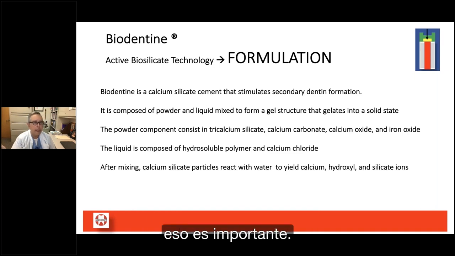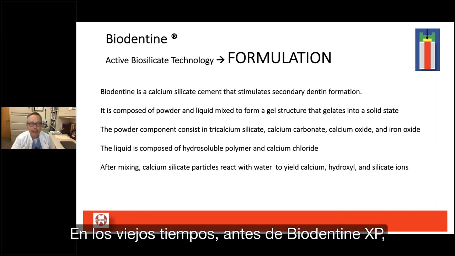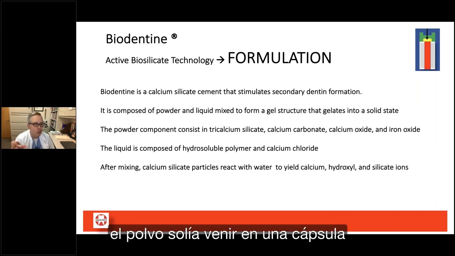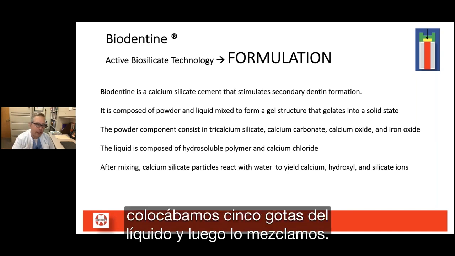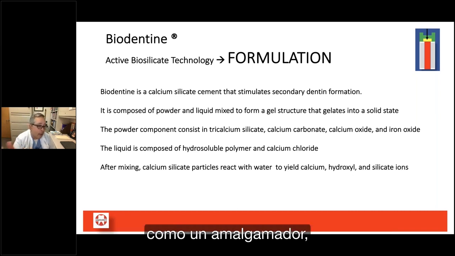That's important. It is composed of a powder and a liquid that we mix. In the old days, before Biodentine XP, the powder used to come in a capsule, and the liquid used to come in a little bottle. I have a couple of pictures later on. We used to open the capsule and place 5 drops of the liquid, and then we mixed it using a triturator, like an amalgamator.